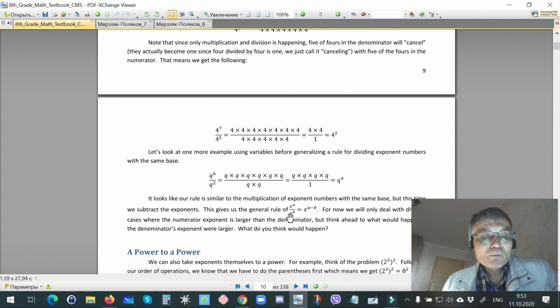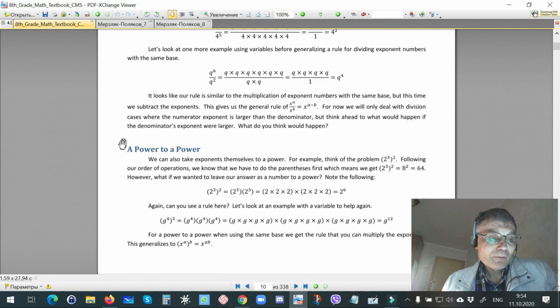And so the power here in the denominator actually gives us a negative power, and we just have to find the difference.